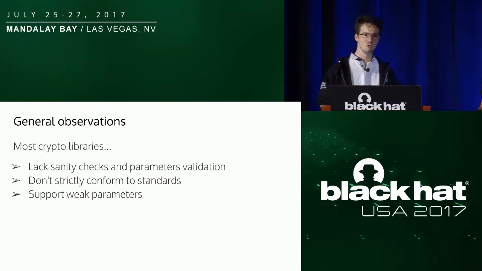So if you can't prove that it's a practical attack, they might not fix it or might be reluctant to do it. But it's sad because it's not good defense in depth. Most of them support weak parameters, they won't strictly conform, and that's not a good state.